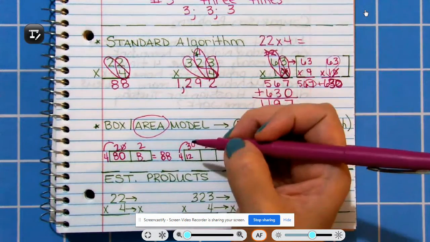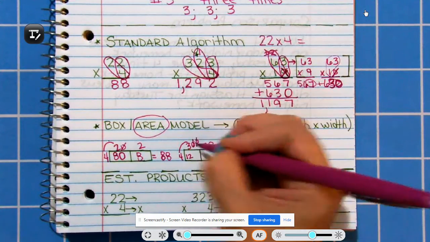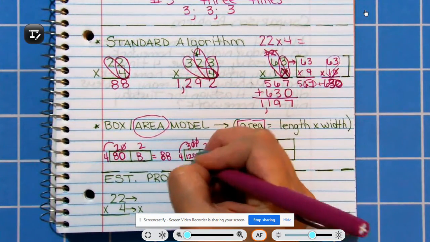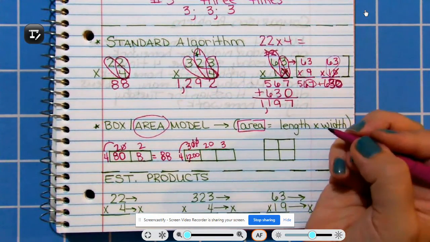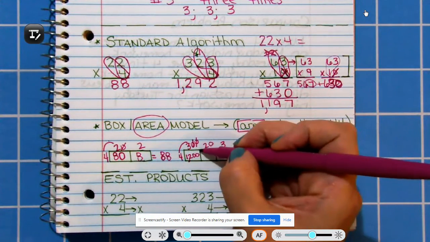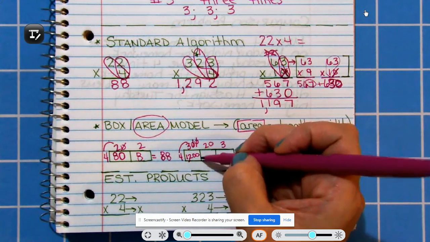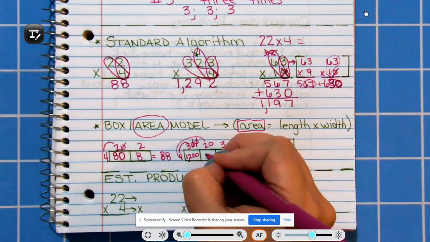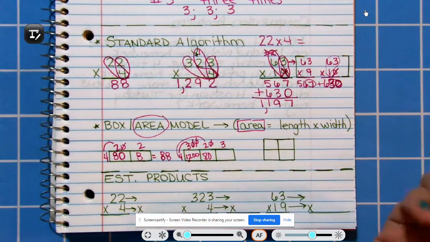But we're not multiplying 4 by 3. It's 4 by 300. So you have to slash those zeros and count how many you need to add on, which gives you 1,200. The second rectangle has a length of 20 and a width of 4. 4 times 2 is 8, and we need our placeholder 0.